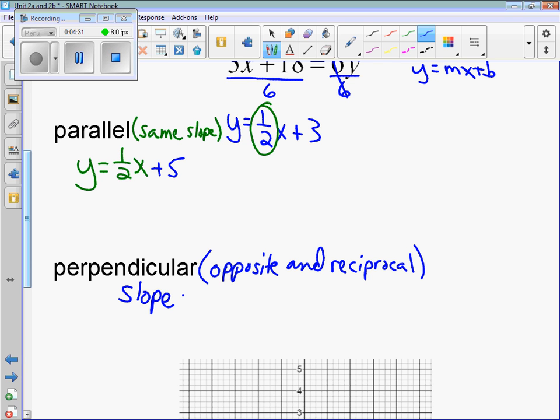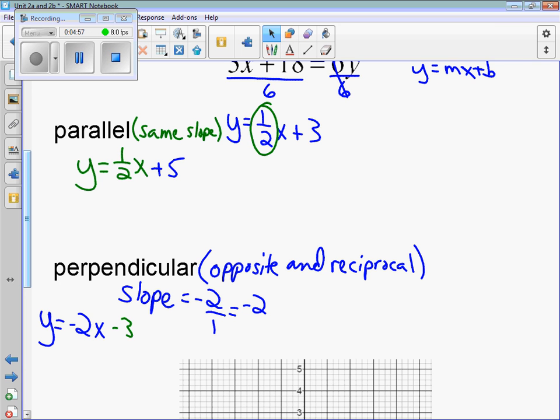Instead of negative 1/2, you're going to have negative 2 over 1, which is negative 2. So our perpendicular slope, y equals negative 2x. Now choose any b you want, any y-intercept you want. So let's choose negative 3. Now we have to graph all of these.